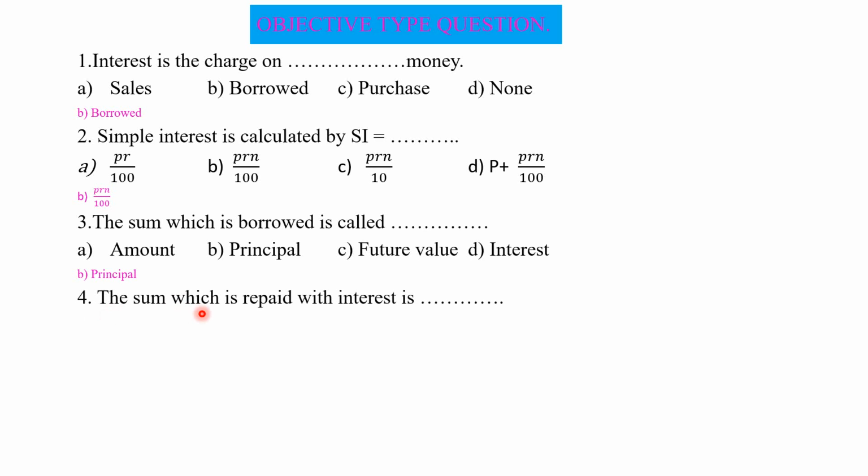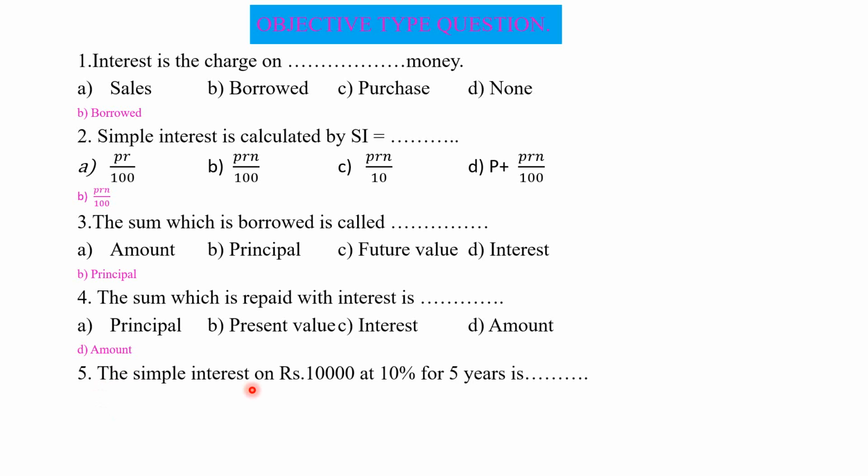Number 4, the sum which is repaid with interest. The sum P repaid with interest I is equal to amount A. So the answer is amount, and the correct answer is D. Number 5, the simple interest on rupees 10,000 at 10% for 5 years is.